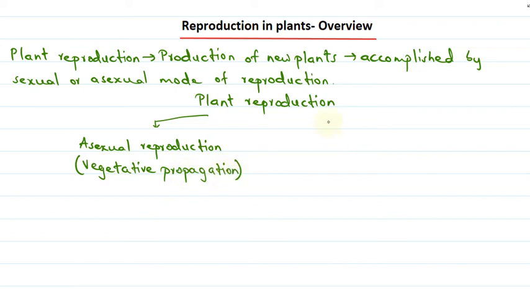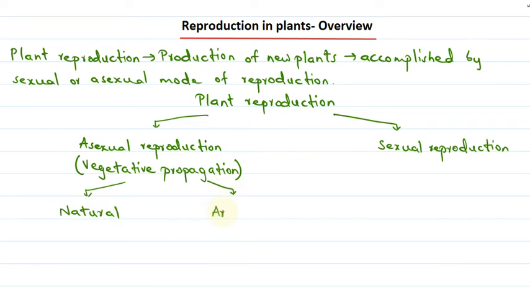Okay, then the second method of reproduction is sexual reproduction. Okay, so then if we consider asexual reproduction method in plants, this asexual reproduction can occur by two methods. One is by natural method and the other one is by artificial method.